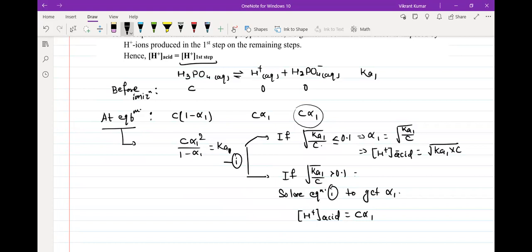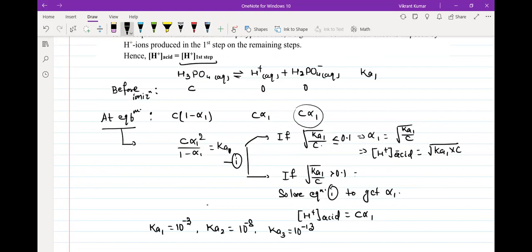Now I'll give you the values of these three steps का K का values for H3PO4. Just see if I say K1 is like 10 raised to minus 3, range में दे रहा हूँ, rough value दे रहा हूँ. K2 is 10 raised to minus 8 and K3 is 10 raised to minus 13.